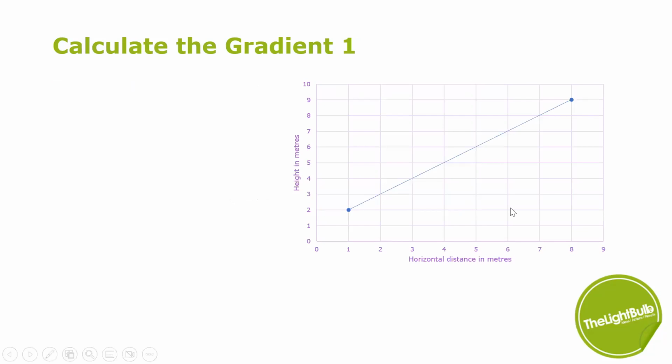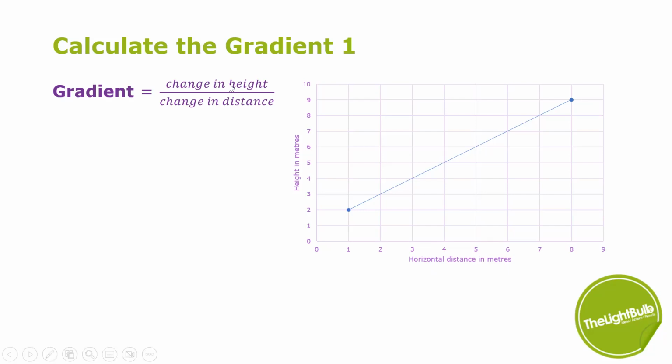Now let's have a look at a graph here. Let's bring the formula up. There's change in height divided by the change in distance. And looking at the graph, it tells us on the left, on the vertical axis, that these numbers represent the height in meters. And it tells us on the bottom, on the horizontal axis, that this is the horizontal distance in meters.